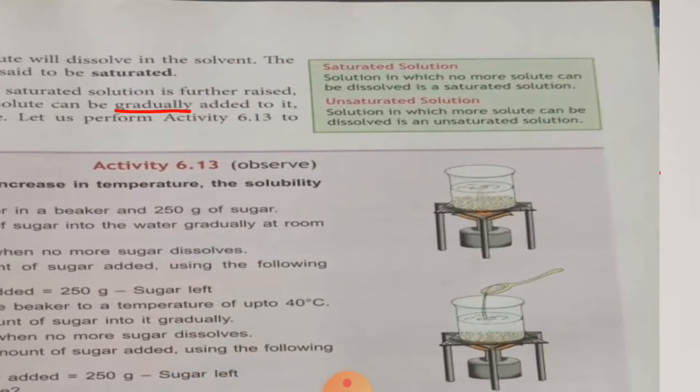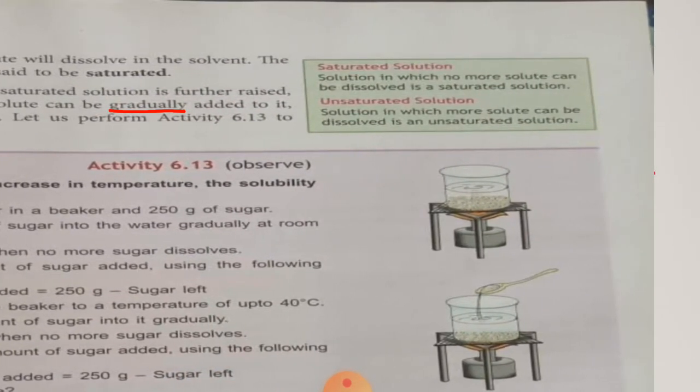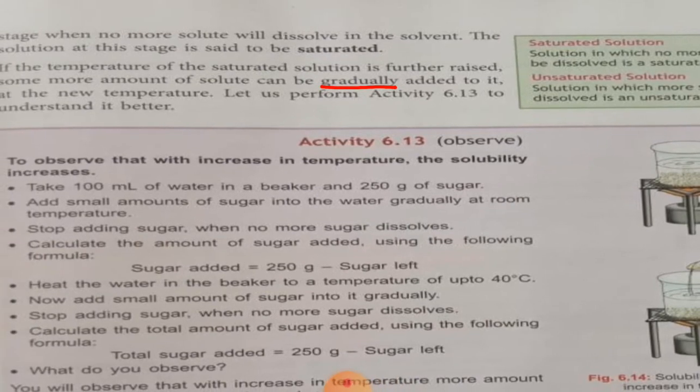Here you can read the definition of saturated and unsaturated solution. A solution in which no more solute can be dissolved is a saturated solution, and a solution in which more solute can be dissolved is an unsaturated solution.